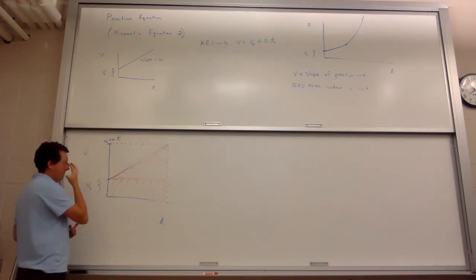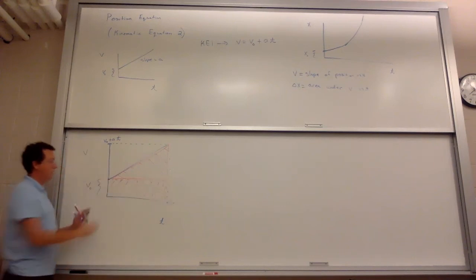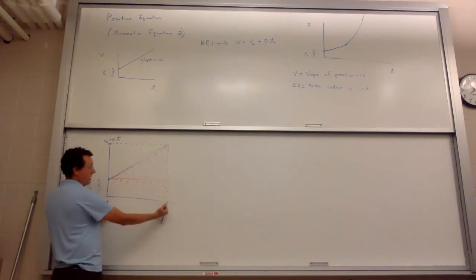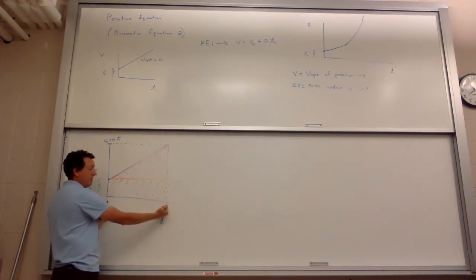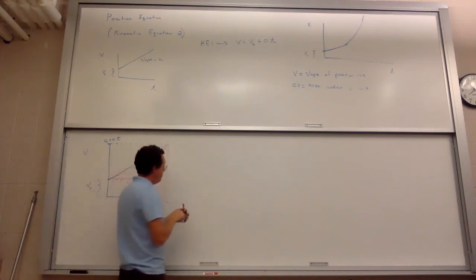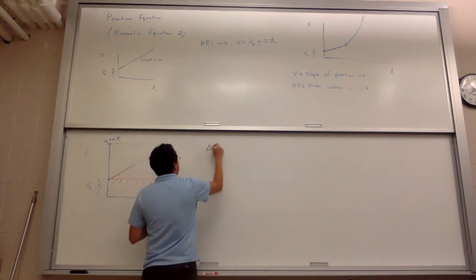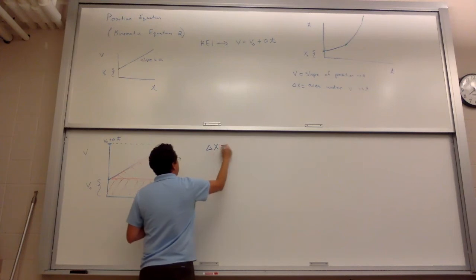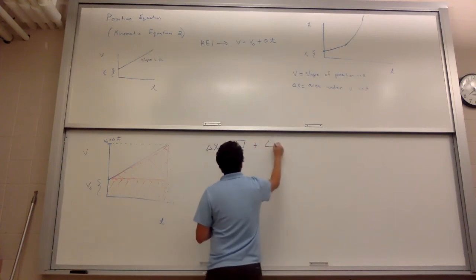So let's do that. Let's handle the easy part first, the rectangle. The base of the rectangle would just be t. It goes from 0 to time t. The height of the rectangle is v initial. So I'm going to say that the change in position is given by the area of the rectangle plus the area of the triangle.